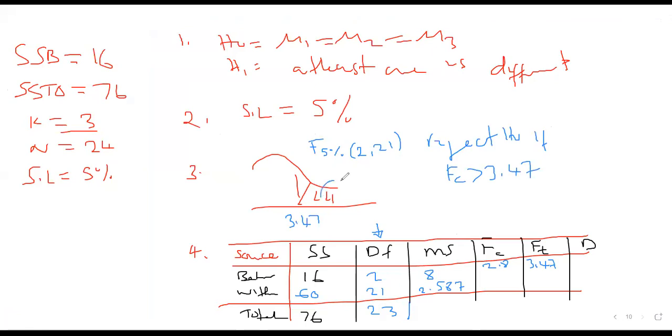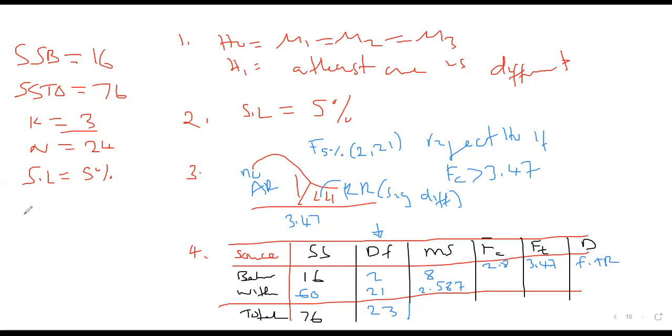Whenever we reject, the answer is in the rejection region, meaning there's a significant difference. Whenever we fail to reject, it's like accepting. Yes, it's the accept region. There's no significant difference. So here we can see this one is smaller than that, so we fail to reject, same as accept if you want to say.